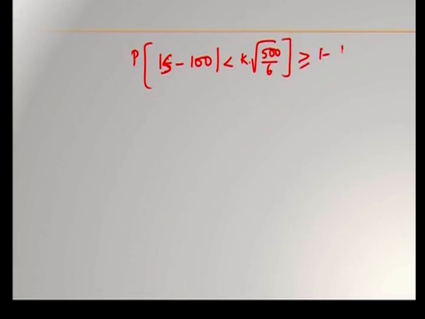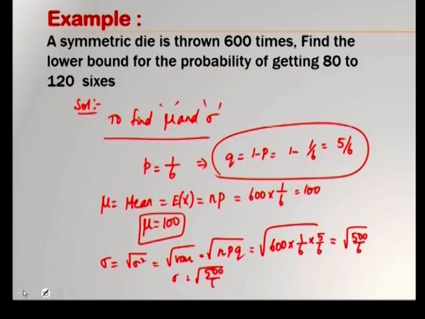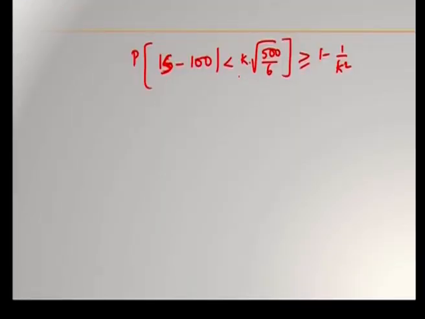Substituting all the values, P of modulus of S minus 100 is less than k into root of 500 by 6 is greater than or equal to 1 minus 1 by k square. The k value you have to determine, because the question is to find the probability of S between 80 and 120. So, we have to find the k value according to that probability.